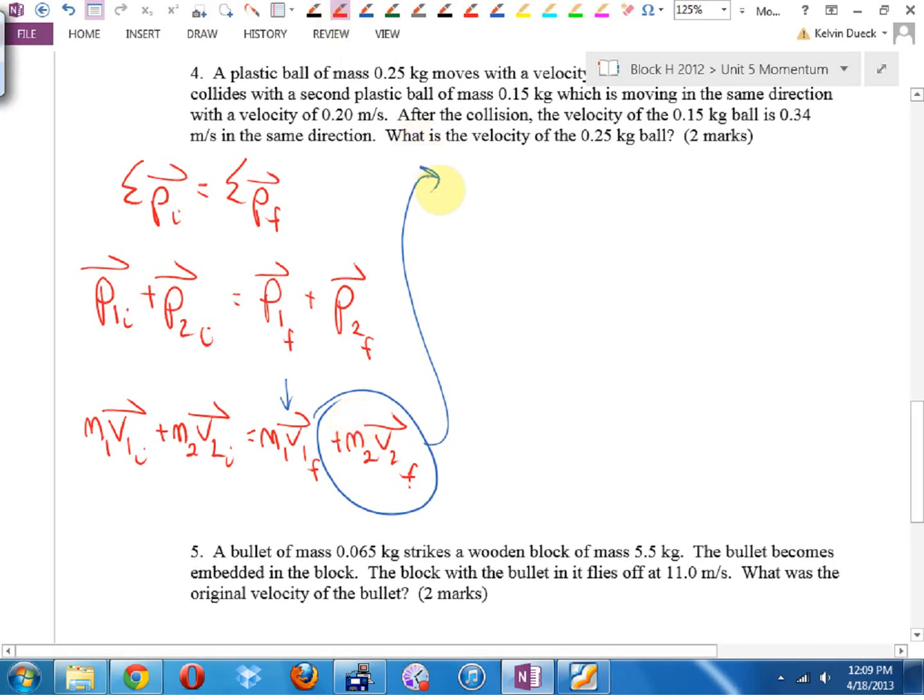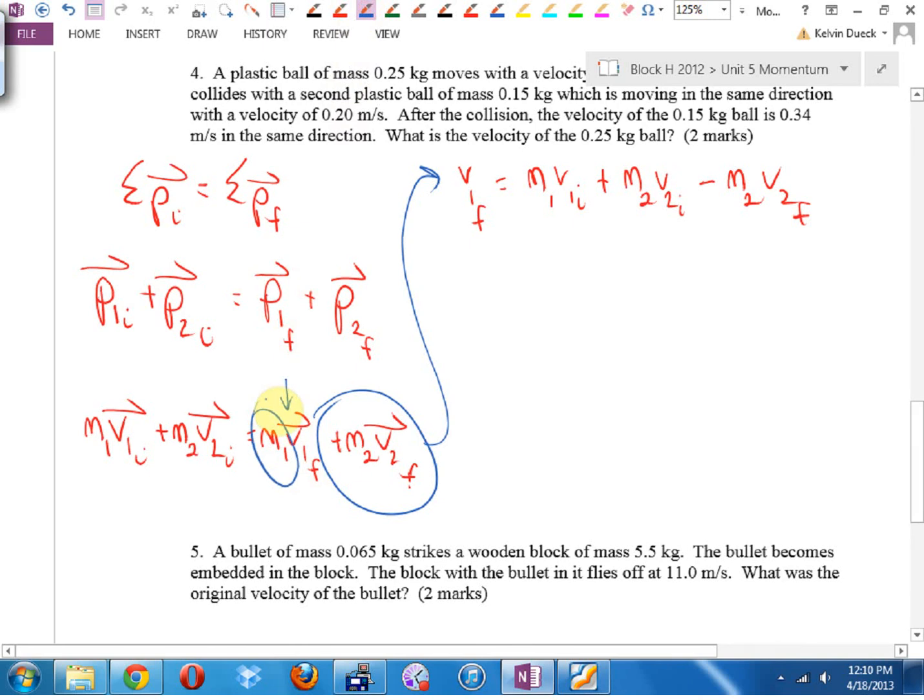So if I hear you correctly, and I think I do, you're saying that V1 final is going to start out as M1 V1 initial plus M2 V2 initial minus M2 V2 final. I totally agree with that. I think that takes care of moving that term over. Now I got to deal with that term.